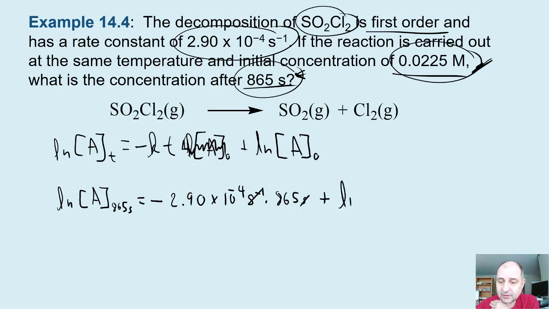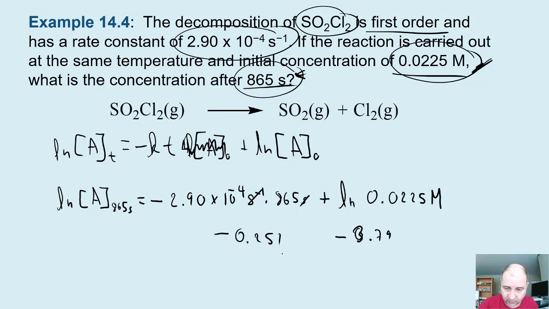So plus the natural log of 0.0225 M. If I take the natural log of that, I get negative 3.79. If I take 2.9 times 10 to the minus 4 multiplied by 865, I get minus 0.251.